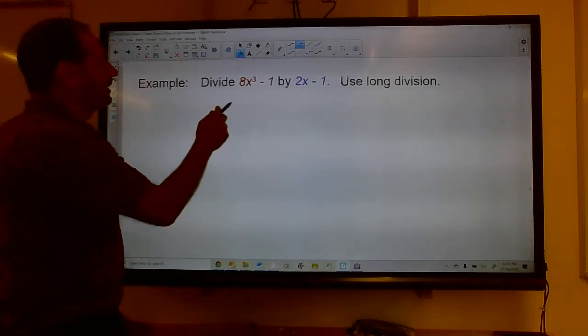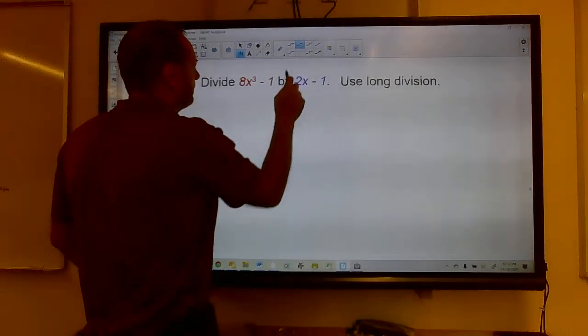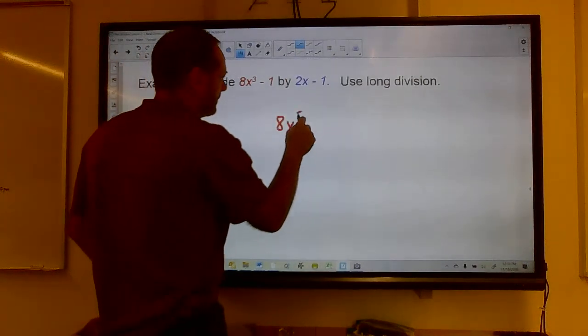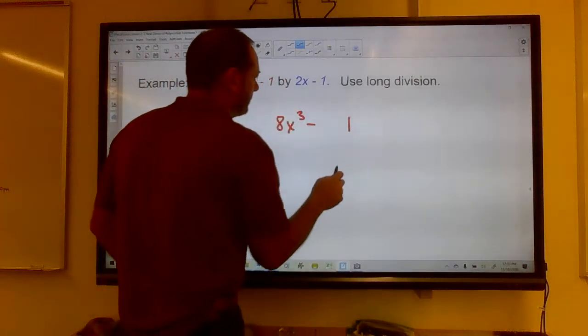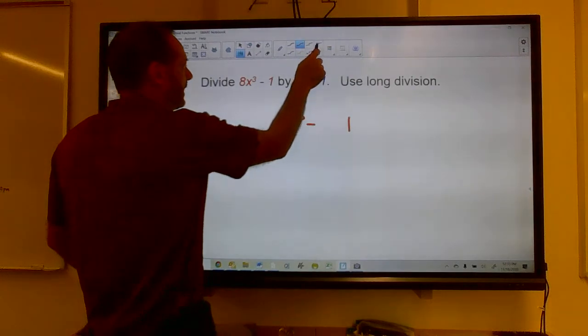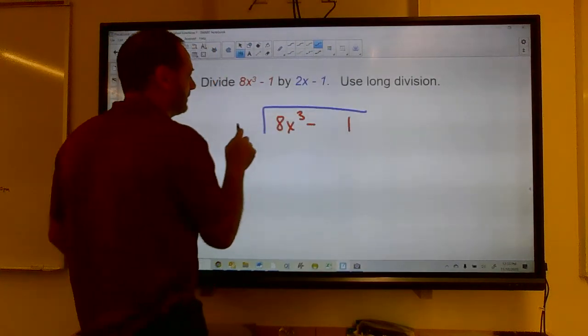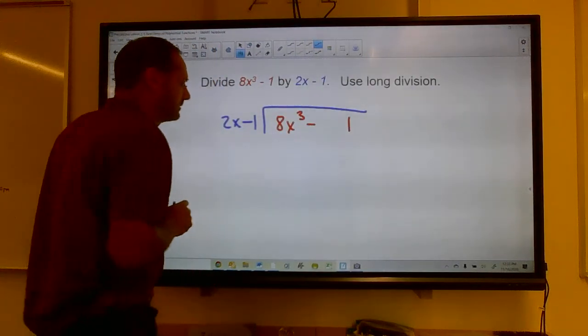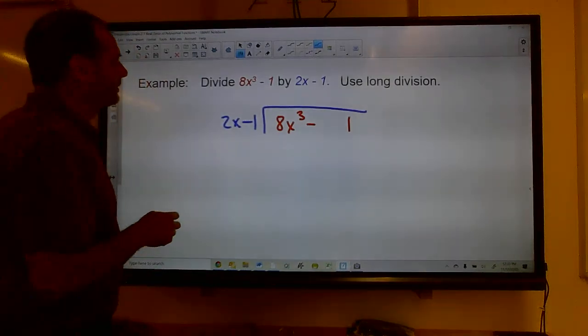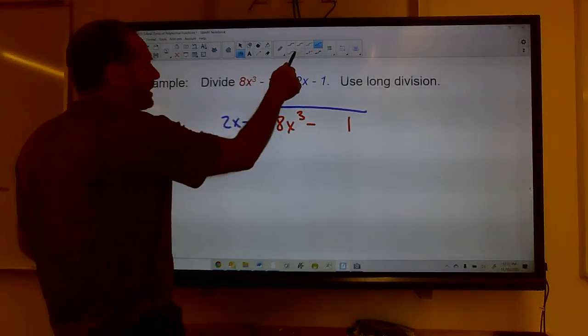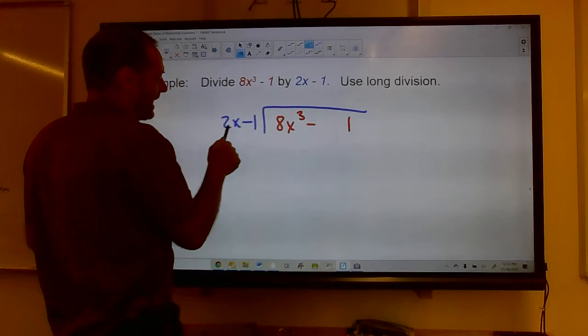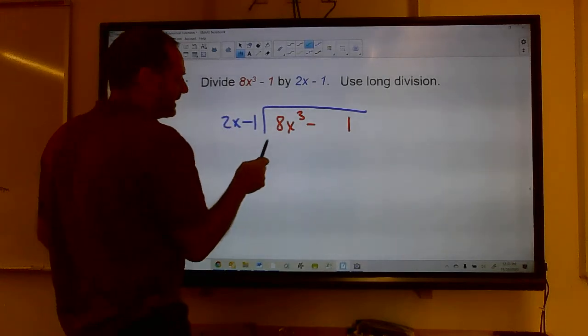So here we have 8x cubed minus 1, and we're going to divide that by 2x minus 1. Okay, so then I ask myself, what do I got to multiply 2x by to get 8x cubed?